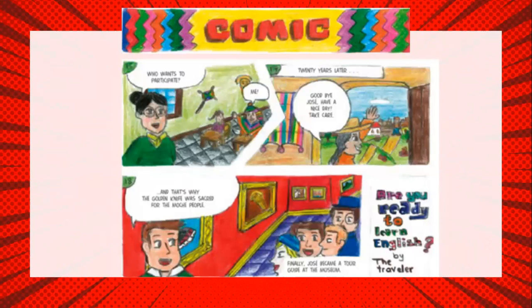Me. 20 years later, Goodbye, Jose. Have a nice day. Take care. finally, Jose became a tour guide at the museum. And that's why the golden knife was sacred for the Moche people.